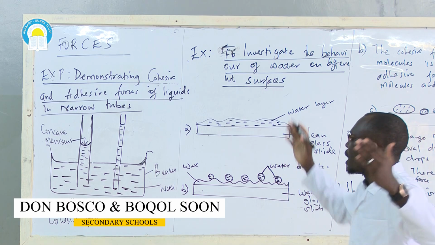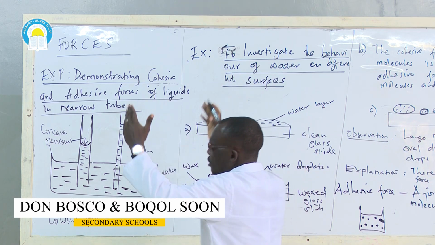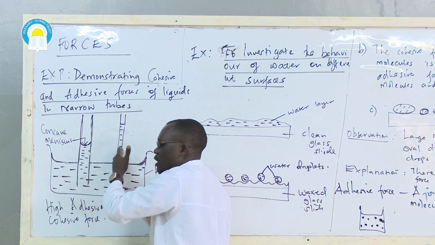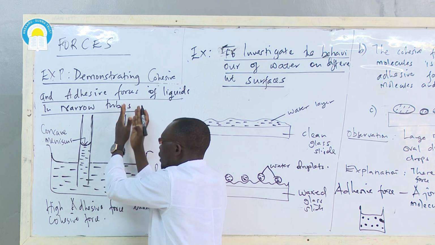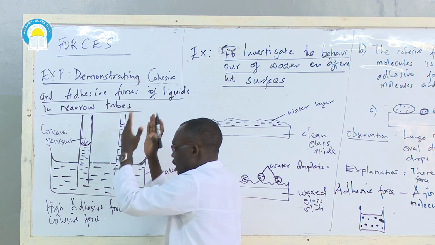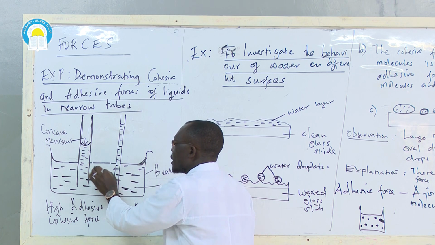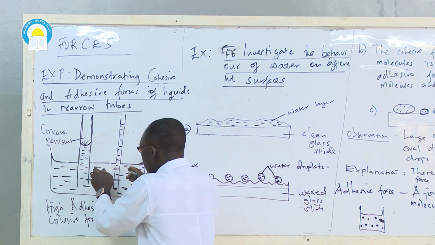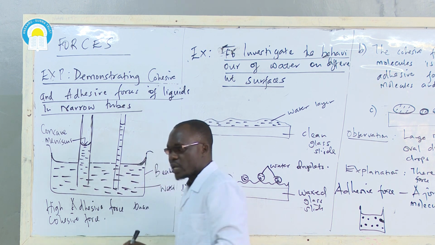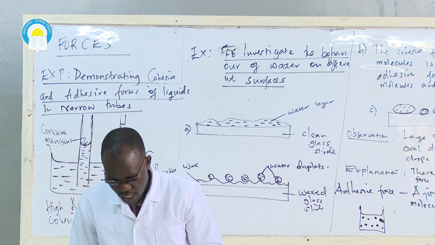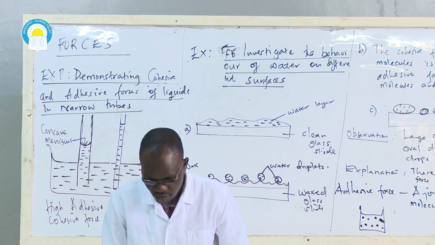That is why they try to rise up the glass, because of the force which is attracting them. And the force is originating from the molecules of the liquid being attracted to the molecules of the glass tube or the container surface. So the force attracting the molecules of the liquid to themselves is weak. So you must know that explanation and be able to explain it in the best way possible.